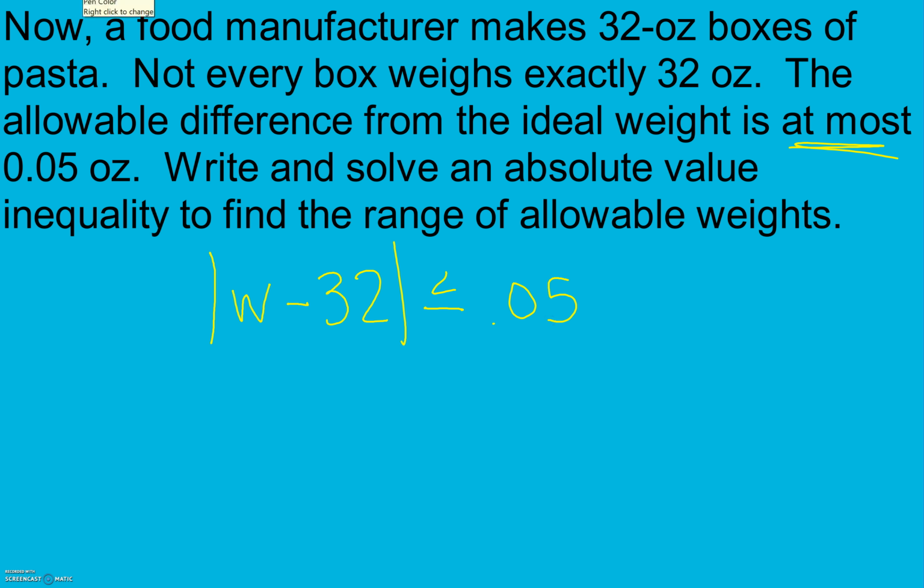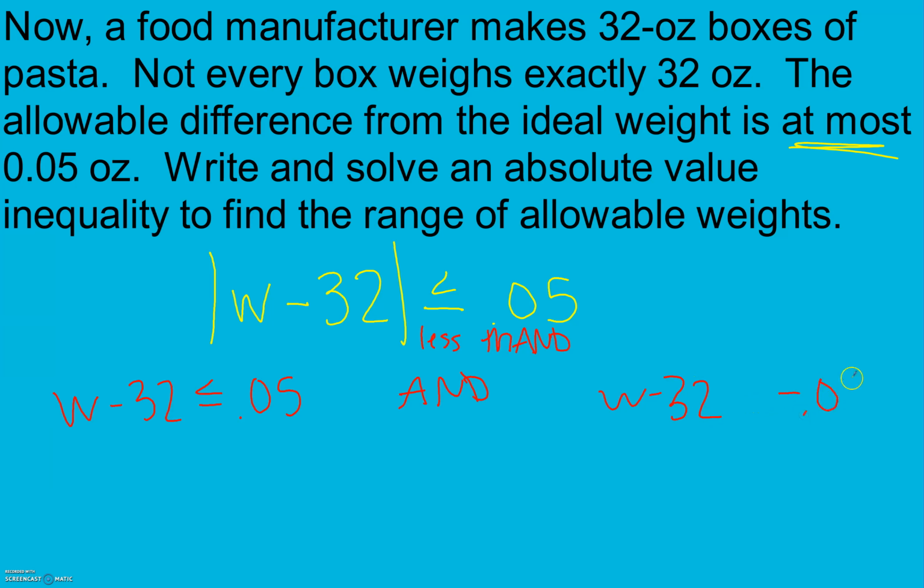This is an and, so if we wanted to, we could write it as one inequality with a less than or equal to negative 0.05 here too. Or we can split it into two pieces. W minus 32 is less than or equal to 0.05, and W minus 32 is greater than or equal to negative 0.05.